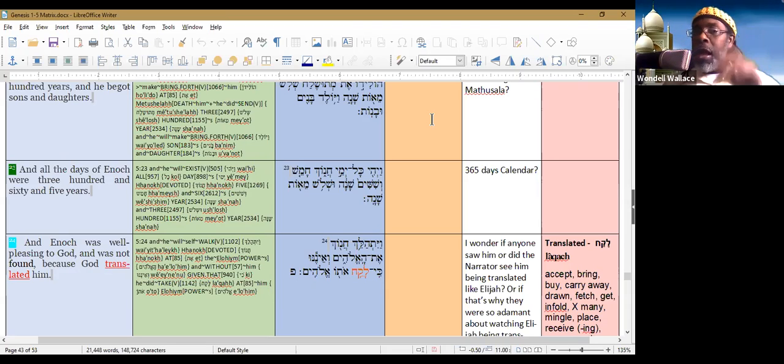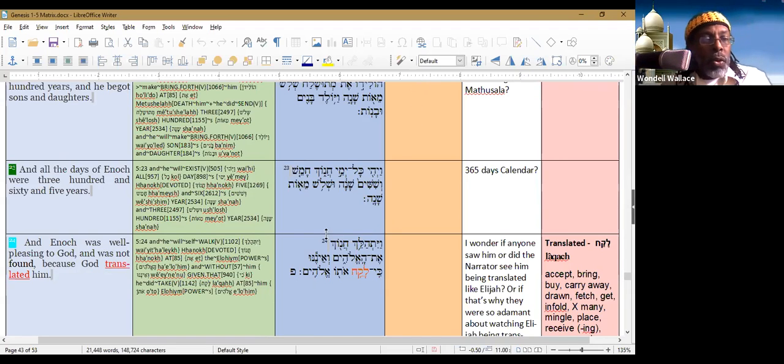And it will automatically give somebody pause and make them wonder, was this really written by Enoch? You mean to tell me this was written by Enoch way back in Adam's time? I find it hard to believe. So that's probably why it didn't wind up in the book at all.